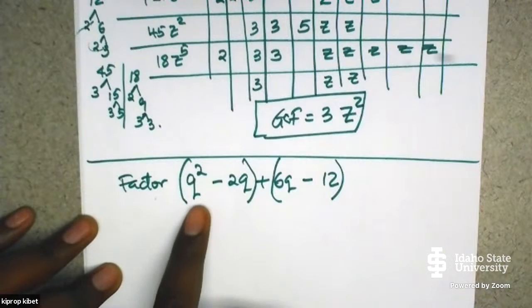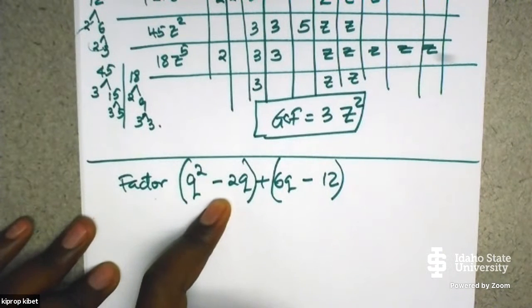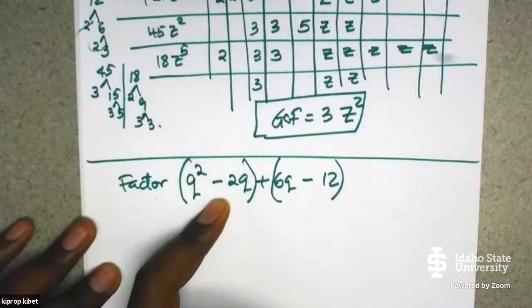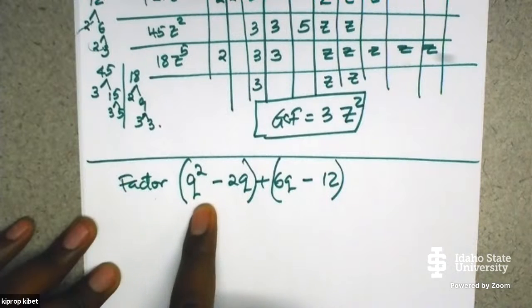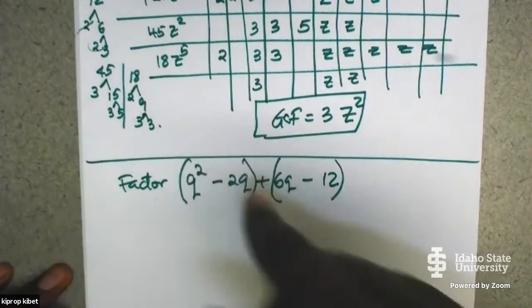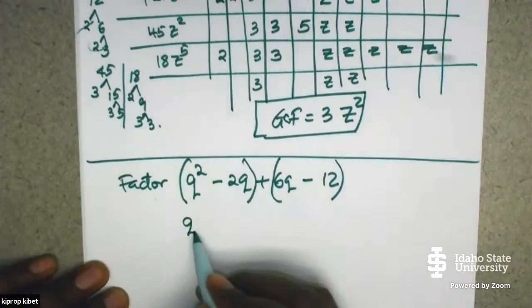Okay, so when we group this now, we need to factor out the greatest common factor in the first one. So what is dividing all of it? What is the highest factor that can divide q square and 2q? So we can factor out this q here.